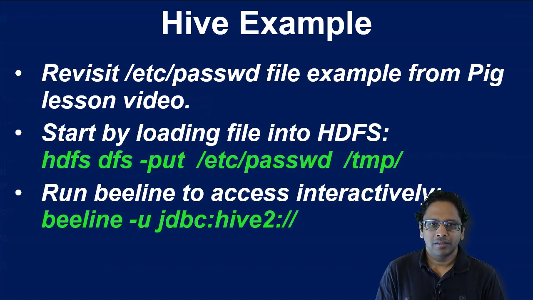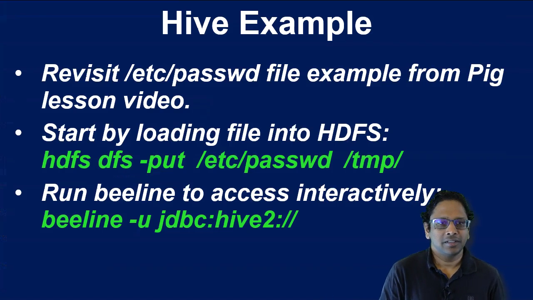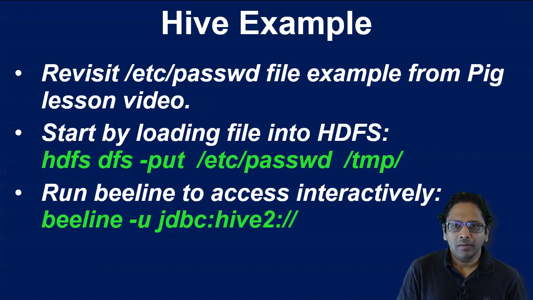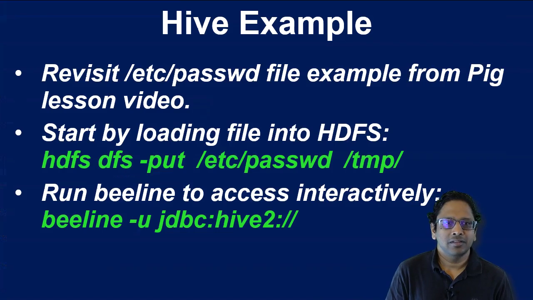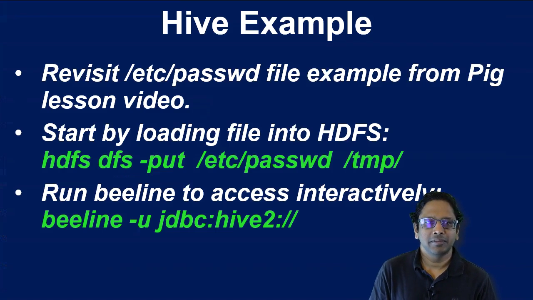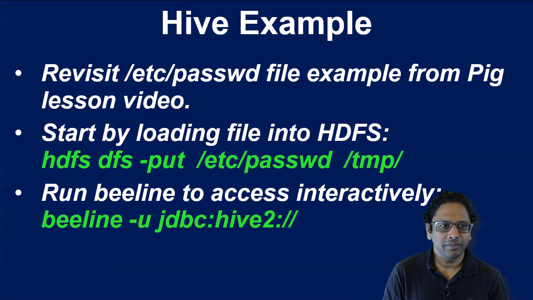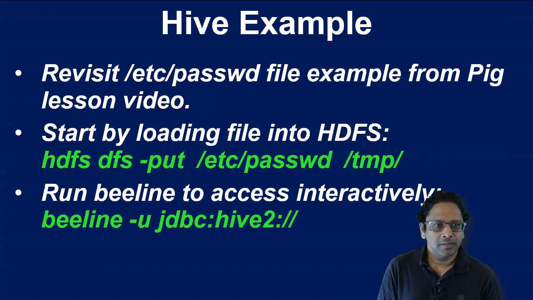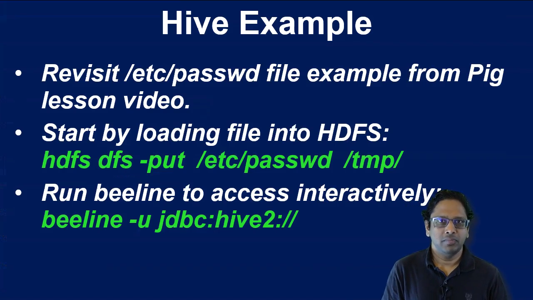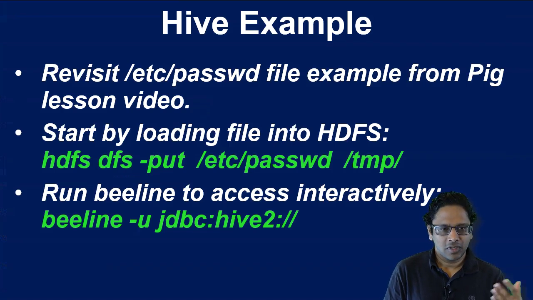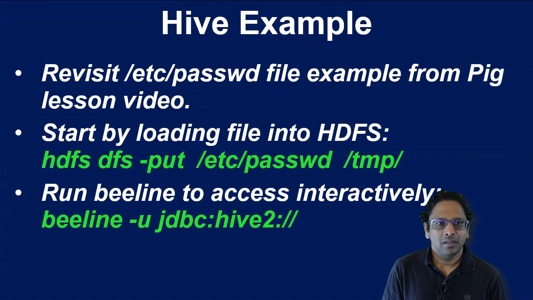Now this /tmp is on the HDFS file system, and what we're essentially doing is trying to extract the same information we had from Pig using Hive. And as I mentioned, we're going to use Beeline to access Hive and run things interactively, and that's the command to do that.